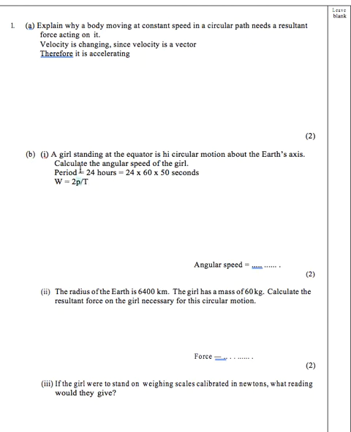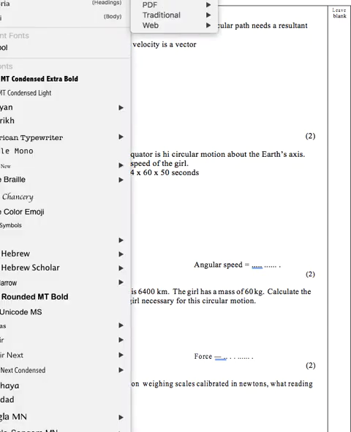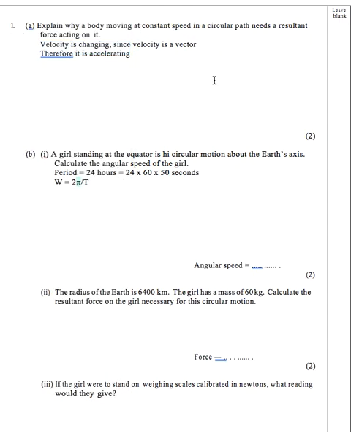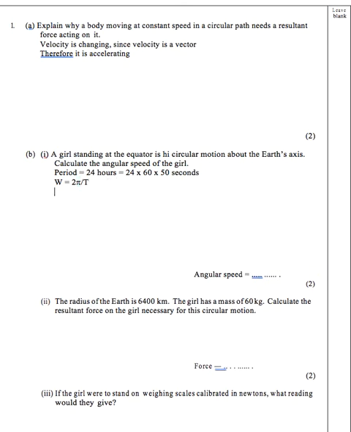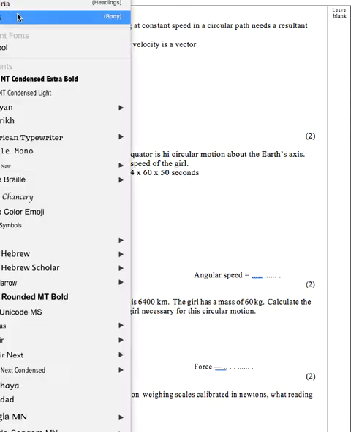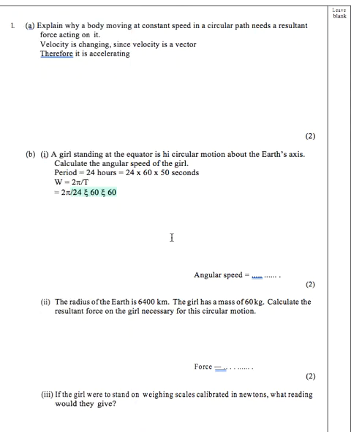Let's make that the pi it ought to be. So we have 2 pi divided by 24 times 60 times 60, and here we have this in symbols again. Let's get rid of that. Okay.